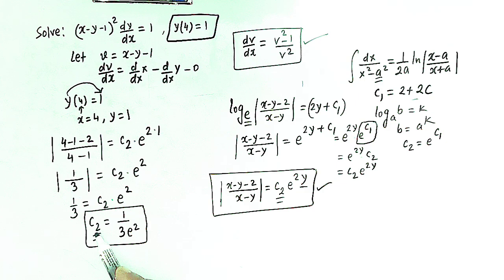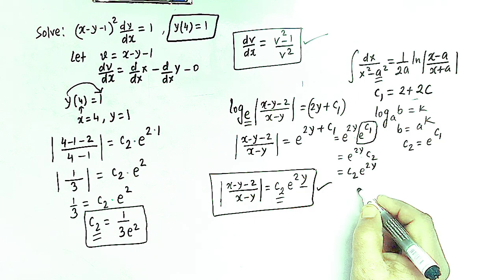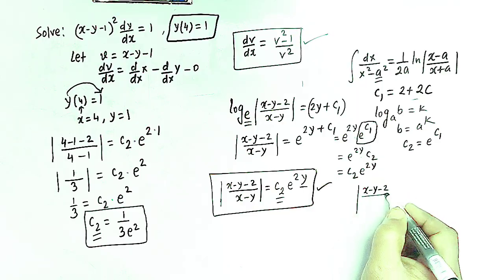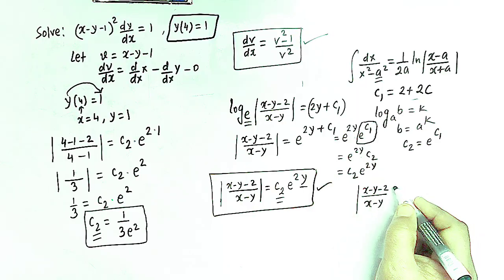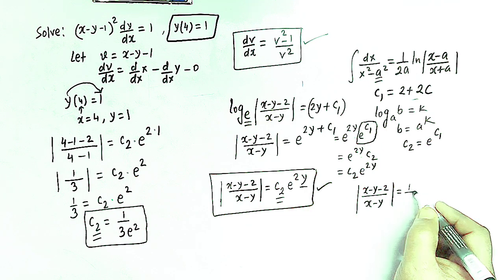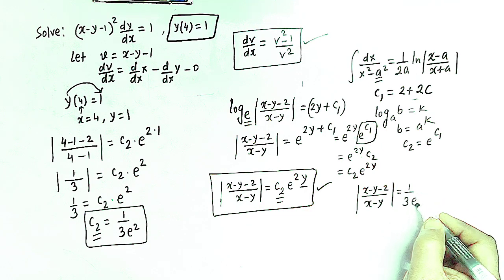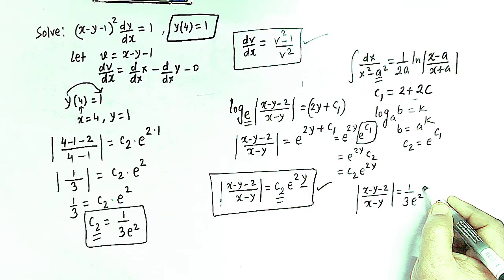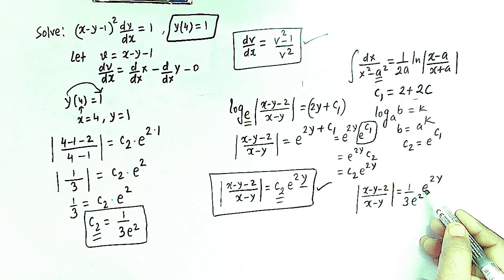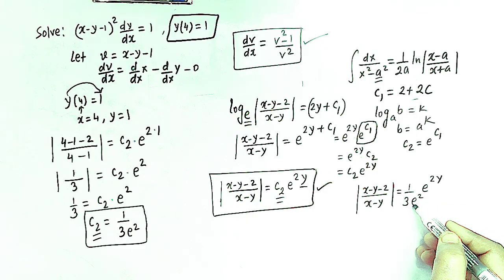So now let us substitute this value of c2 in this expression. So we have now mod of x minus y minus 2 over x minus y, and for c2 we have 1 over 3, and here we have e square, and here we have e raised to 2y. So now here the bases are same. Here we have e, here also we have e.